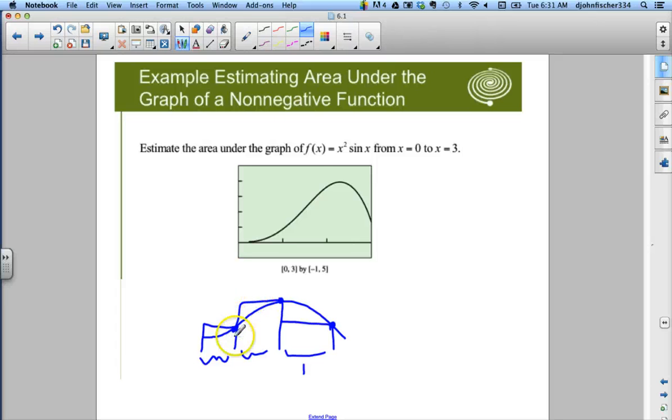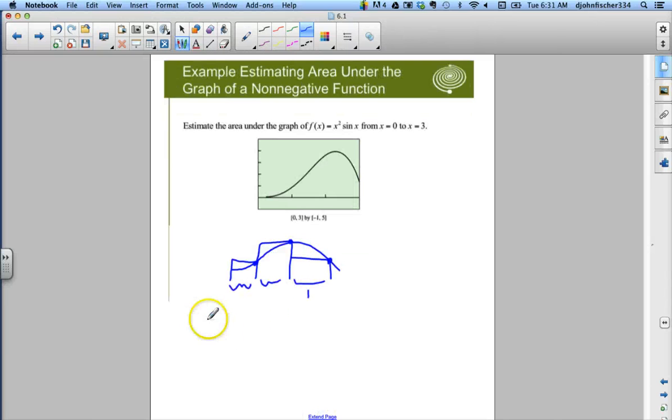So we're going to go into our graph and say the area of the first rectangle is going to be 1 times, and my first point to plug in is 1. Plug 1 into this equation, I get 1 squared is 1, sine of 1. That gives me the area of that first rectangle.